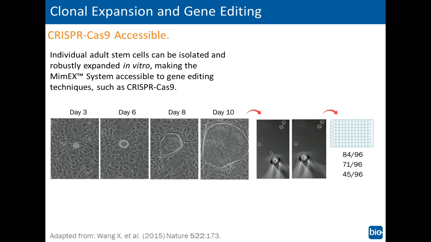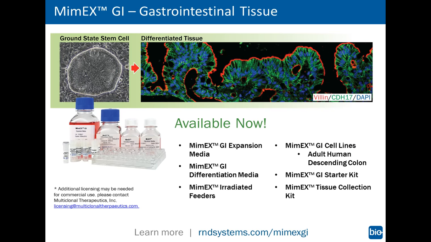So here is an example from the Wang paper from 2015. And this just shows that you could take a single cell, grow nice colonies, which can be further propagated. And on the right in 96-well format, you can see that the success rate ranges from just below 50% up to above 80%. So the ability to grow clones and make pedigree lines is quite robust.